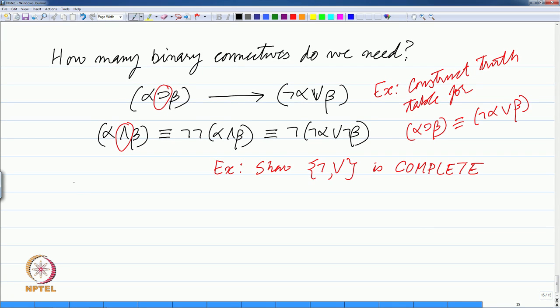So, as we will see a little bit later, when you look at Hilbert systems, they work only with implication essentially, only one thing. But of course, implication is not complete. So, you can only do certain things with Hilbert system, but then we will look at also Frege's axiomatic system.